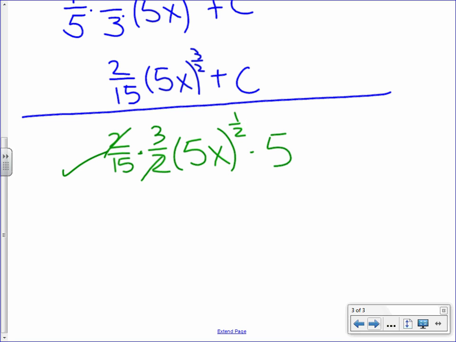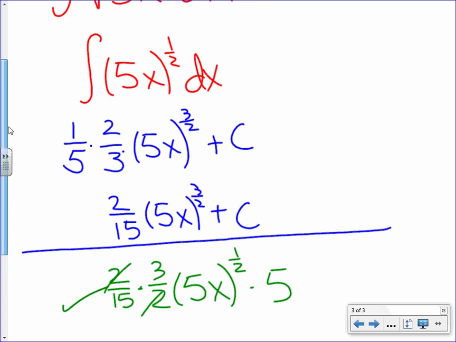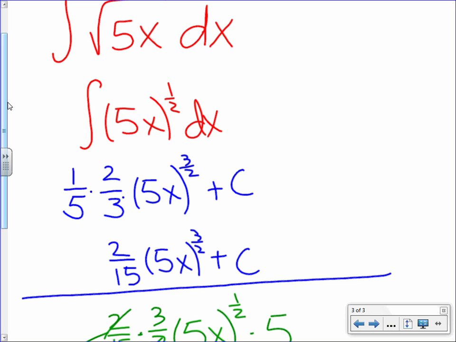You get that? Right? Now, this is only going to work if we have a coefficient on a linear chain rule. It's not going to work any other time. Okay?